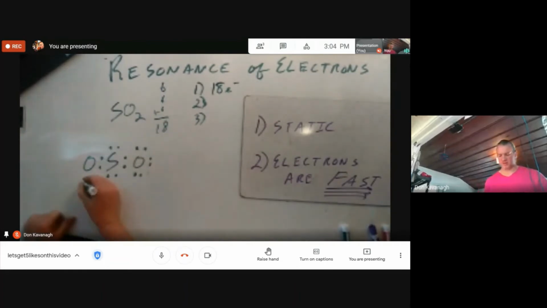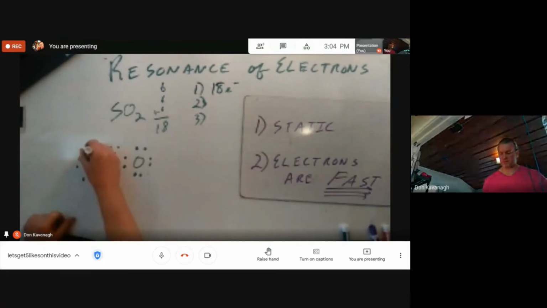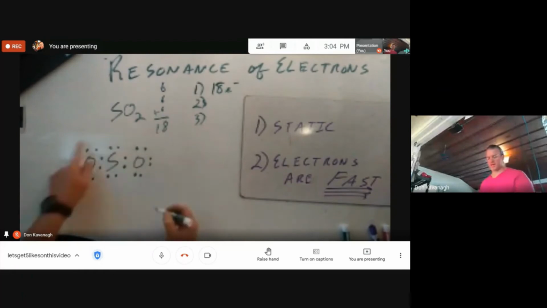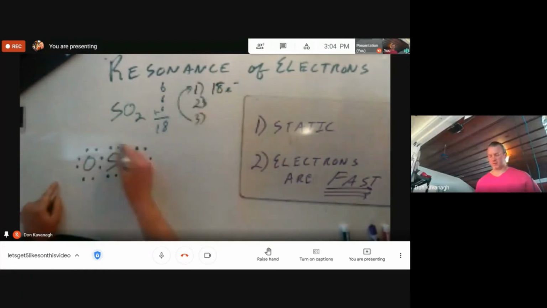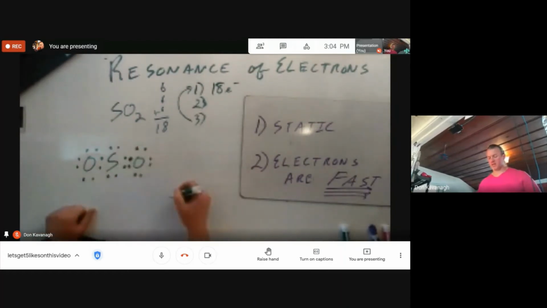And this oxygen over here is now happy. Everybody has an octet of electrons. When we cycle back up and check this, this has too many electrons. So I'm going to make one more bond in between these atoms here. I'm just arbitrarily placing it there. I could have put it there, but I'm putting it here because it's closer to my hand.